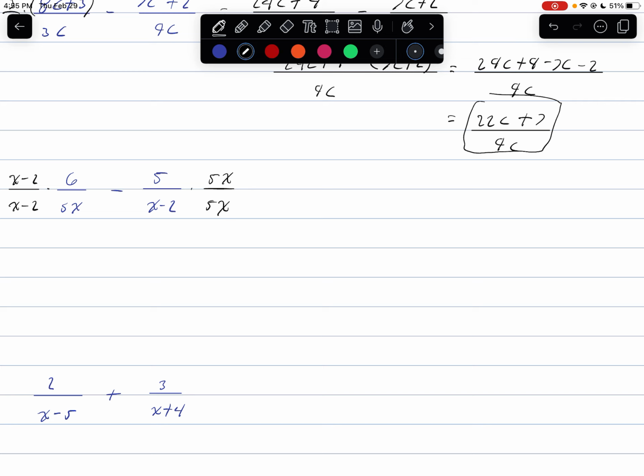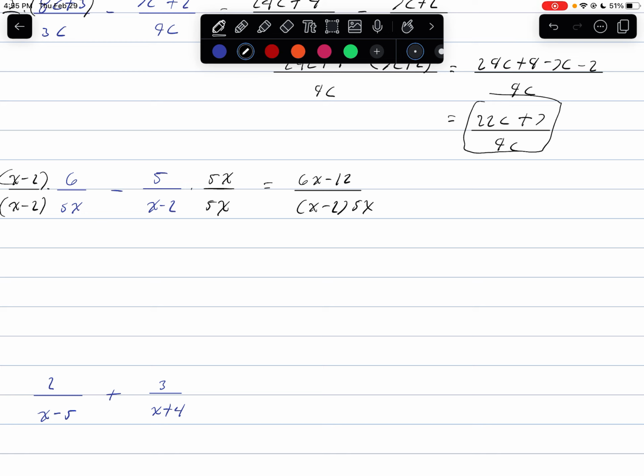Okay. So now let's rewrite this. On the left term here, we have x minus 2 times 6, so we're going to have 6x minus 12. Okay, and then in the denominator, we're going to have x minus 2 times 5x. Actually, let's go ahead and leave that unfactored at the moment. Let's just leave this alone.